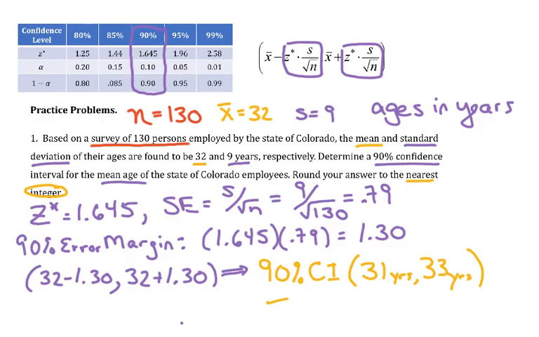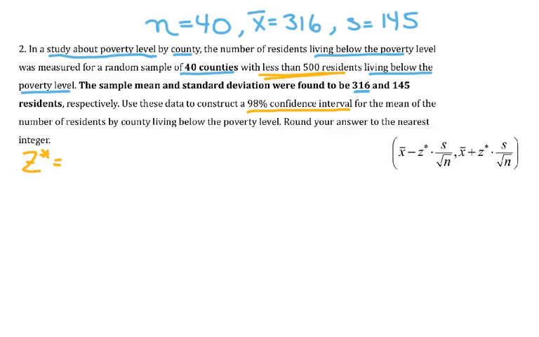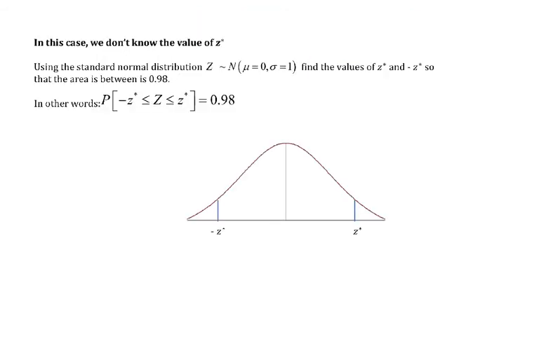If we go back and look at our table, that's not in the table. It's going to be somewhere between 95 and 99, but I'm going to show you how we can figure out what z star is for a 98% confidence interval. For that, we have to go back to the standard normal distribution.